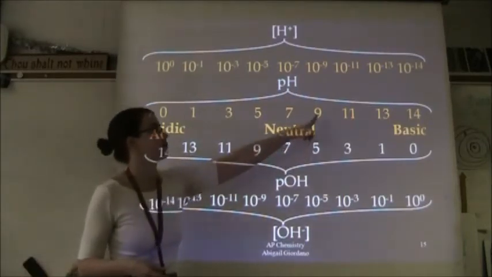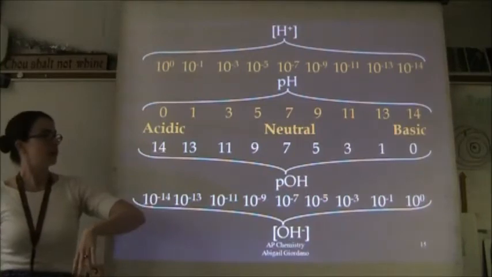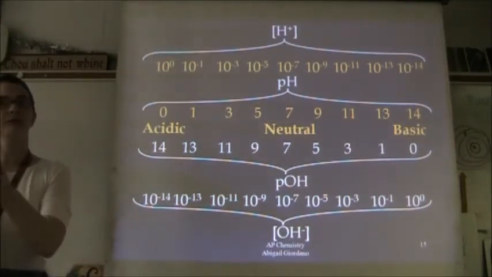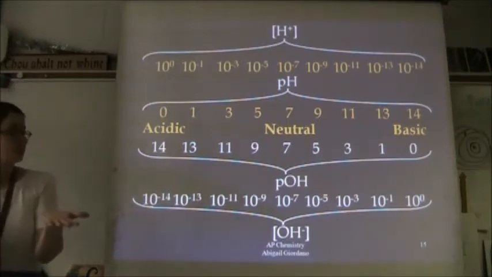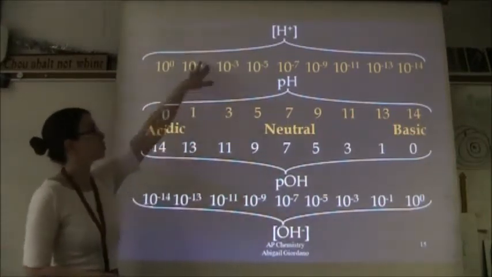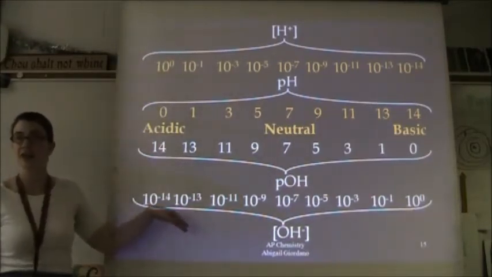Something that has a pH of 9 has a pOH of 5. What is pH plus pOH always equal? 14. Okay? All right, this is just showing you the relationships between the concentrations of the ions.